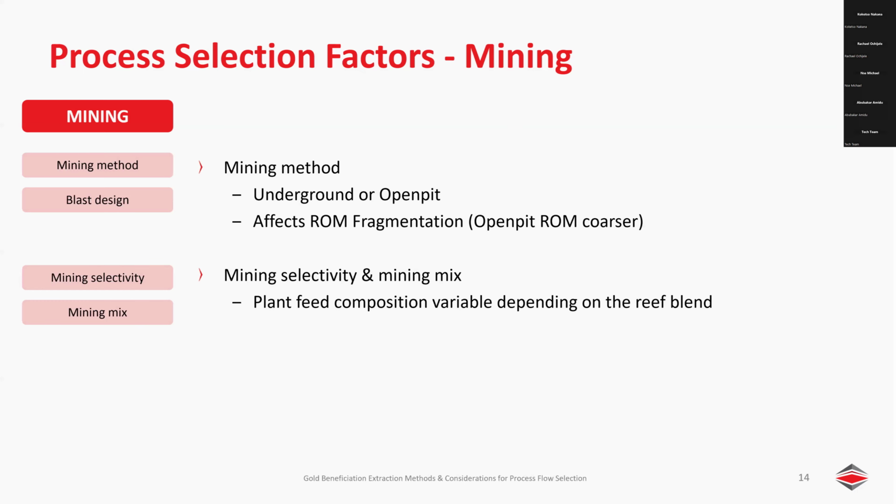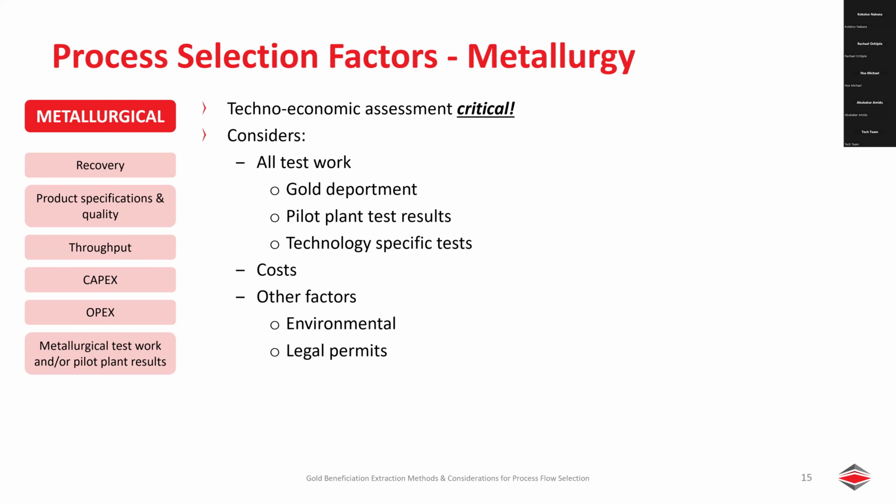Okay, on to the metallurgical factors, and these include the recovery, the product specifications, the plant capacity, the capital and operational costs, the technology test results, and the outcome of a techno-economic assessment. So with regards to the metallurgical factors, the results of a gold deportment study are essential.